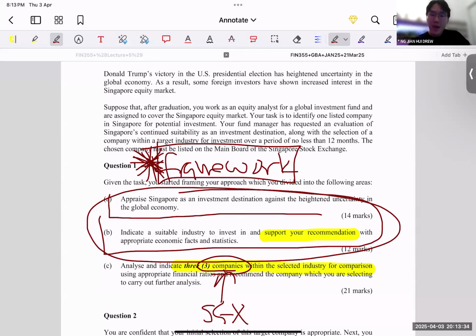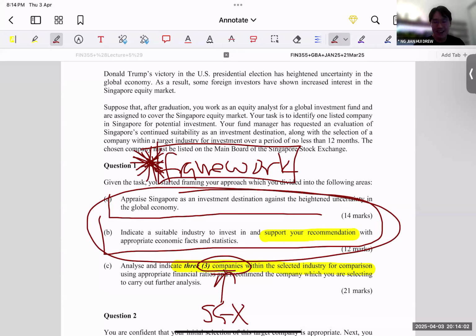So maybe for your group project, because you work as a group, very good dynamic, some of you are experts in this area, and you chose SGX as a company and you did very well, it's good. But in case you're doing your ECA alone, just be very careful because you might not be able to bounce ideas off each other, and then you might make mistakes because SGX itself is unique.